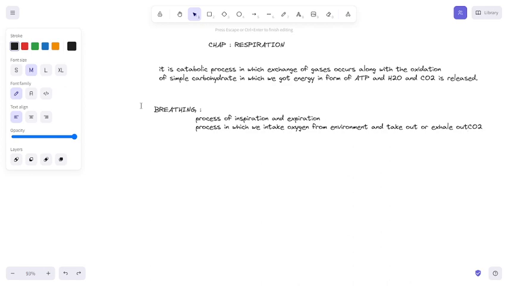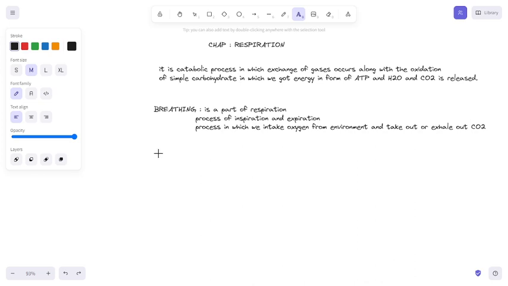And one more thing, breathing is a part of respiration.